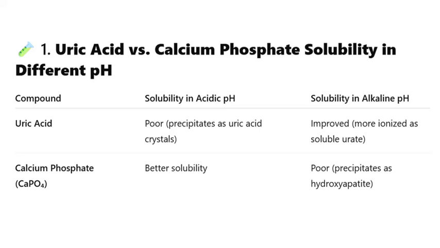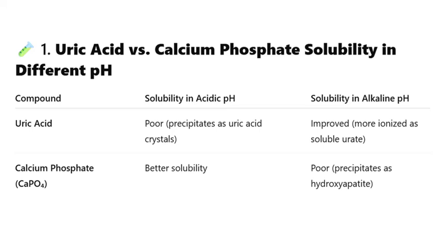Monitoring electrolytes with frequent labs. And urine alkalinization is nowadays generally avoided unless uric acid nephropathy is a significant concern and no rasburicase is available.